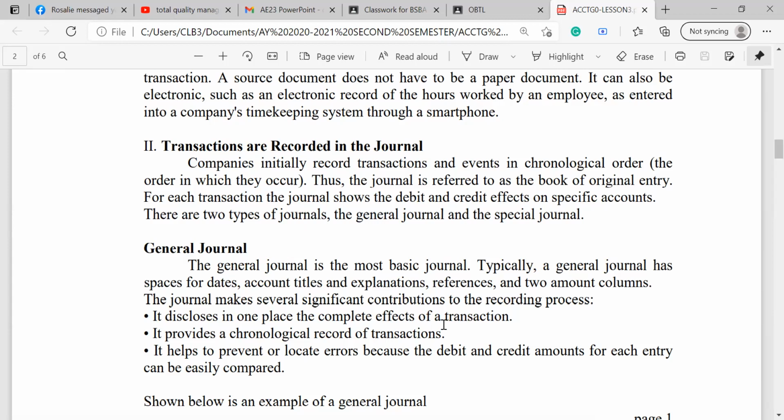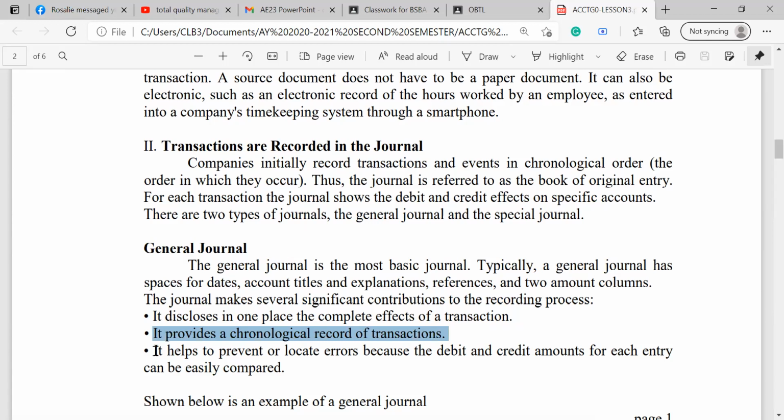Alin ang tumaas, alin ang bumaba. Okay? It provides a chronological record of transactions. So kapag sinabi natin chronological record, ibig pong sabihin sunod-sunod by date. So sa journal po natin, kailangan ma-record ang nangyari ng January 5 bago ma-record ang nangyari ng February 5. Kasi chronological record ang transactions natin.